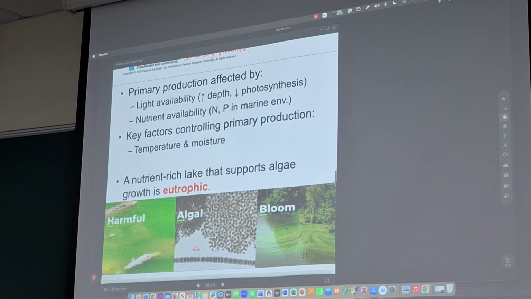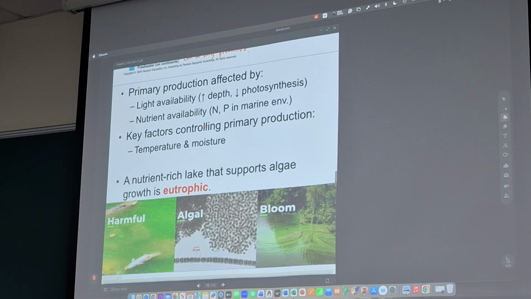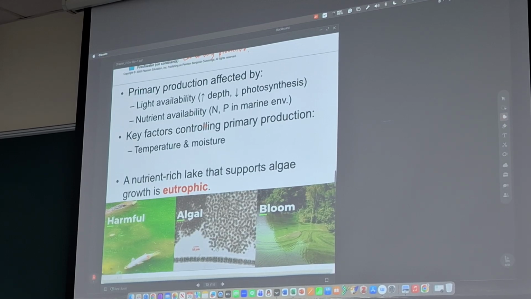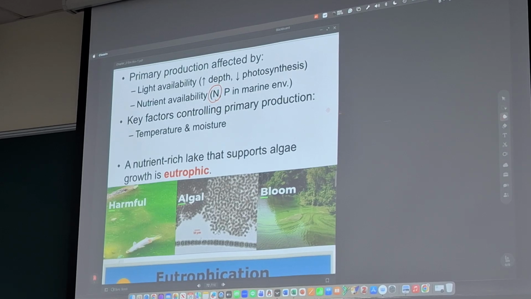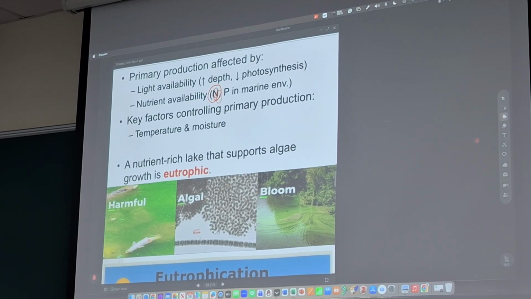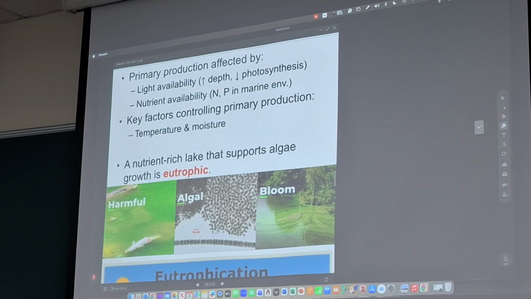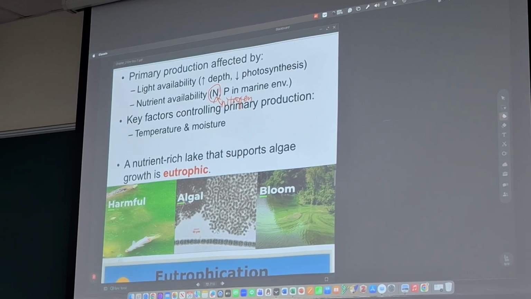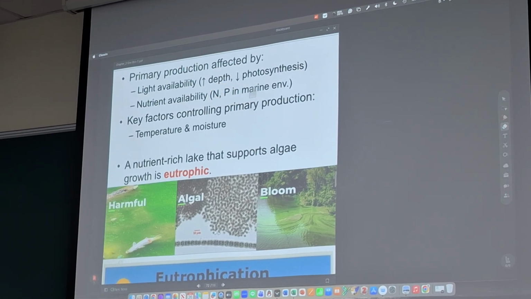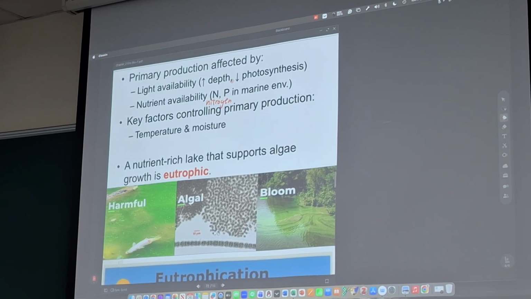Okay, next slide. Eutrophic means there is too much nitrogen, N stands for nitrogen, and phosphorus.